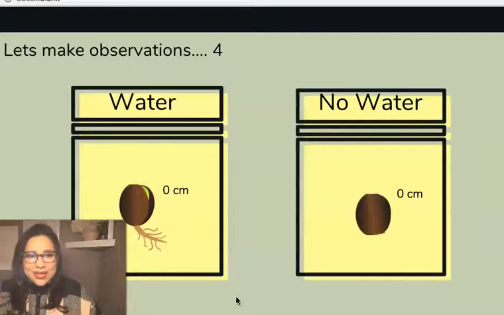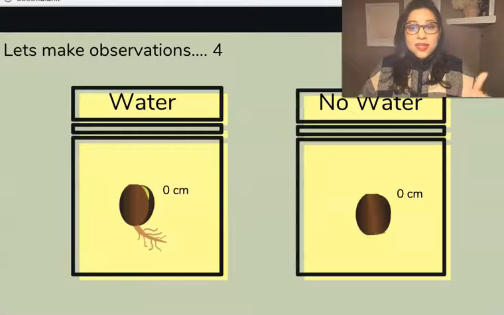We have created some visual representations of what your data would look like if you had set it up. So you would just look through the next few slides and carefully observe the growth of the lima bean inside the bag that was exposed to water versus the bag that had no water.